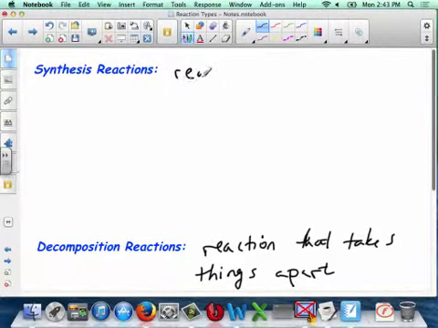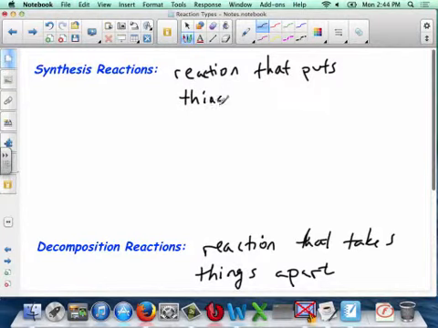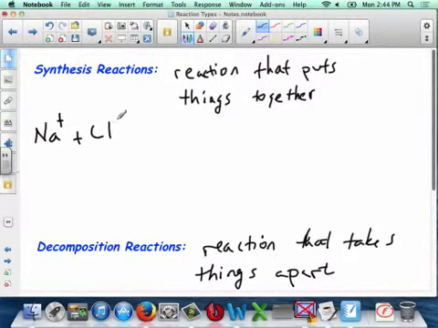So a synthesis reaction is a reaction that puts things together. So think about it as taking our sodium ions and our chlorine ions, and we get salt as an outcome.